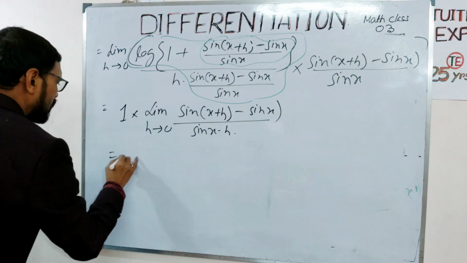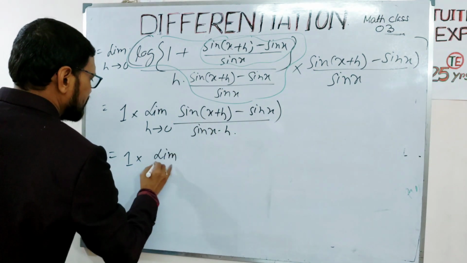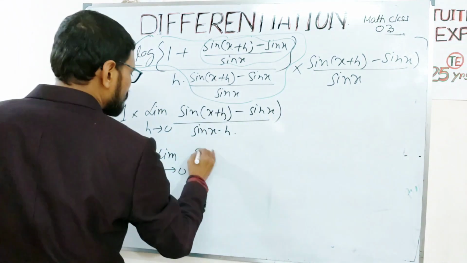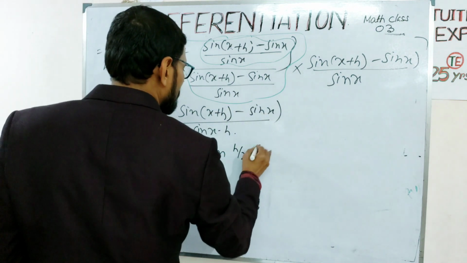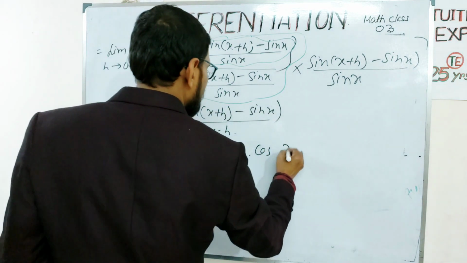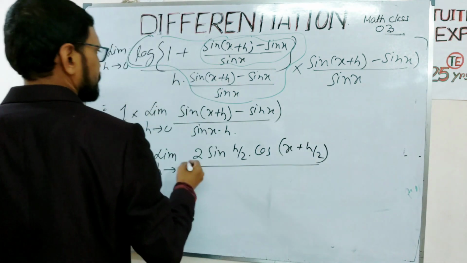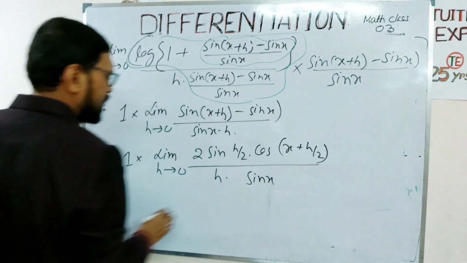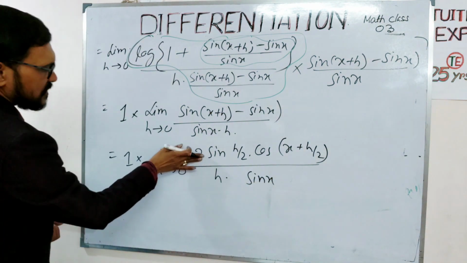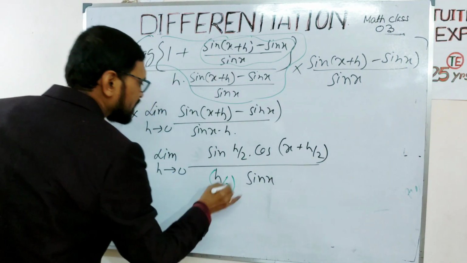Now the result is 1 into limit h tends to 0 of sin c minus sin d, and the formula for sin c minus sin d is 2 sin of (c minus d) by 2 into cos of (c plus d) by 2, so 2 sin h by 2 into cos of (x plus h by 2), divided by h into sin x. Now adjust and shift these two here.